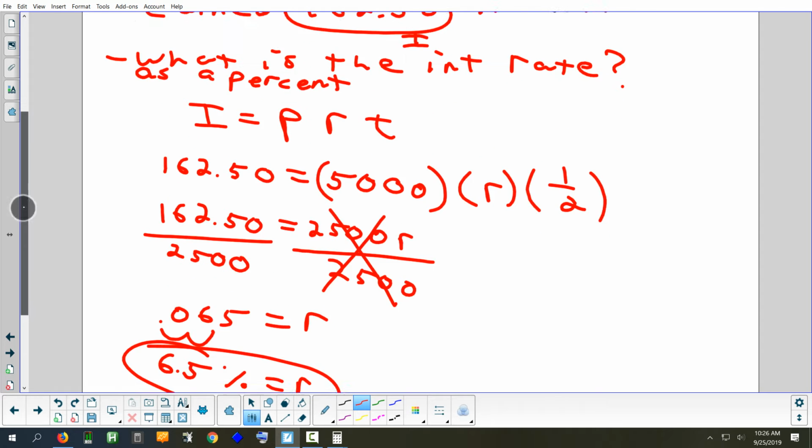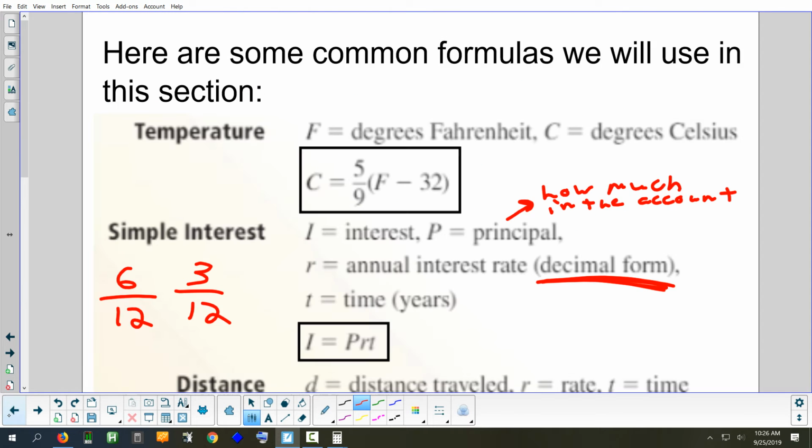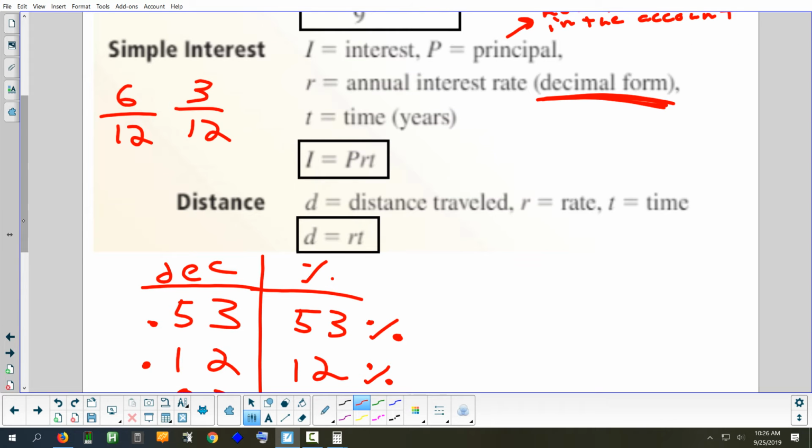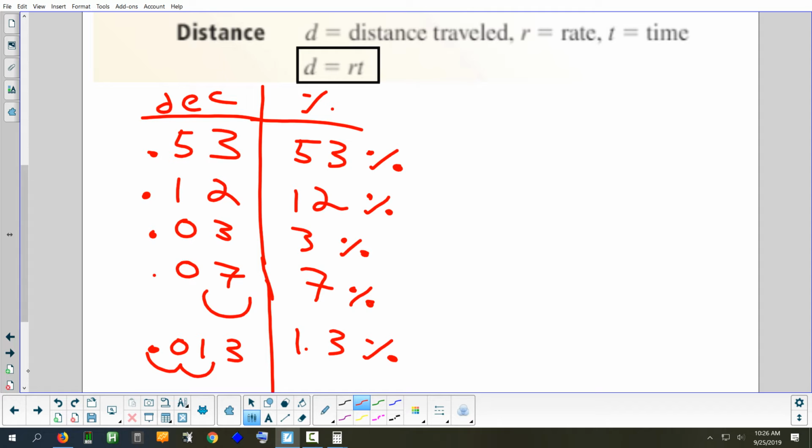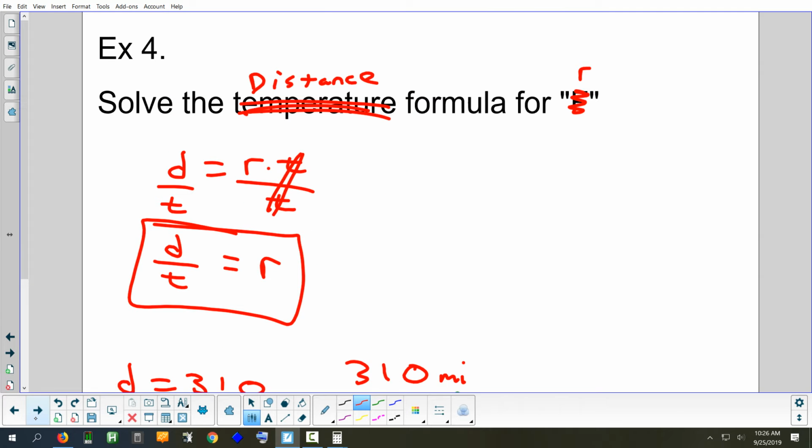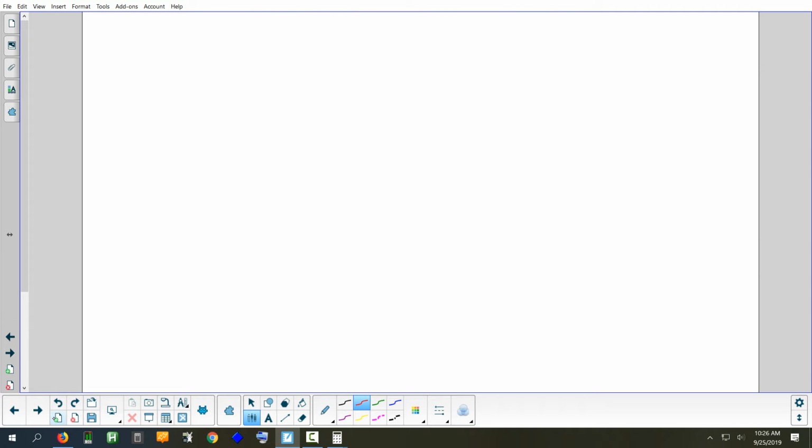Okay, so just a reminder, anytime you use this interest formula, the rate always starts out as a what? If you plug in for R, it says the rate has to be a decimal. Has to be a decimal. So let's say I gave you something like this on the test.